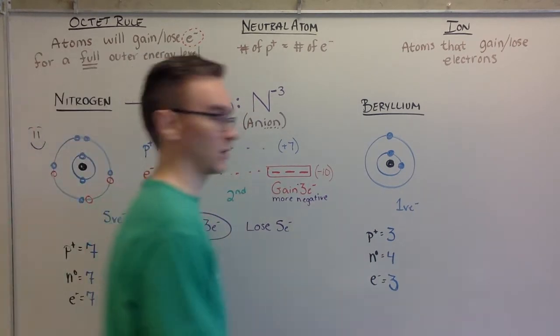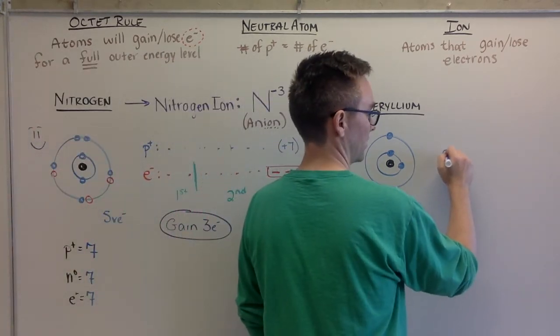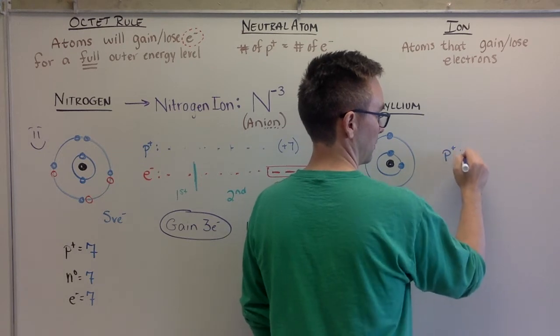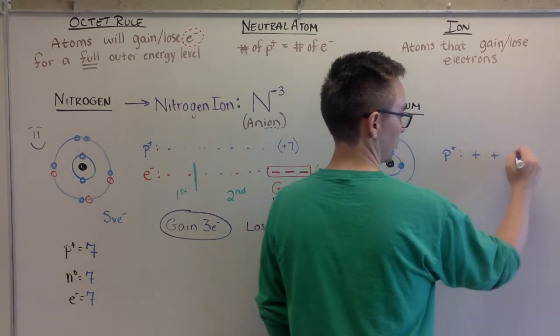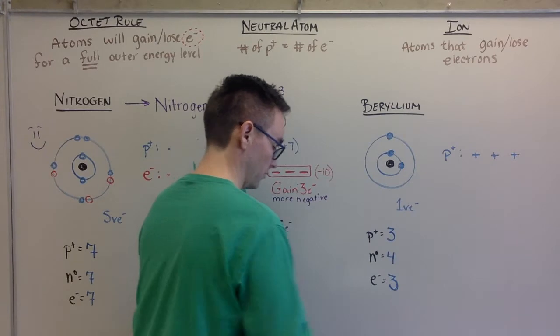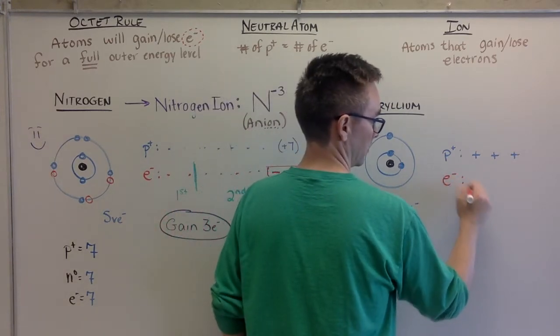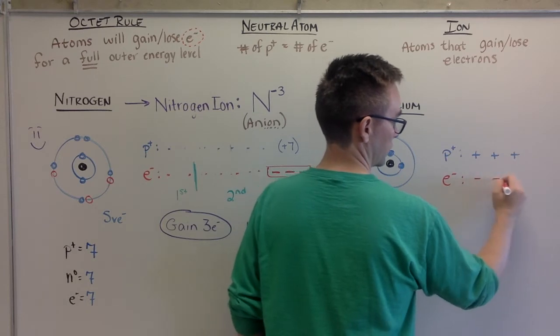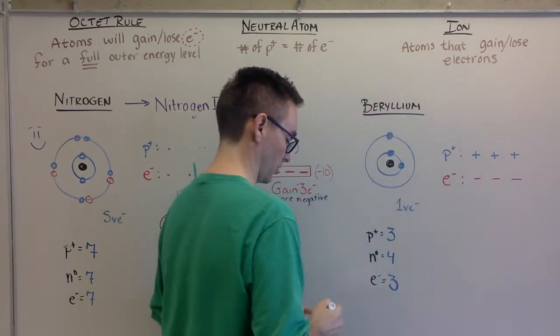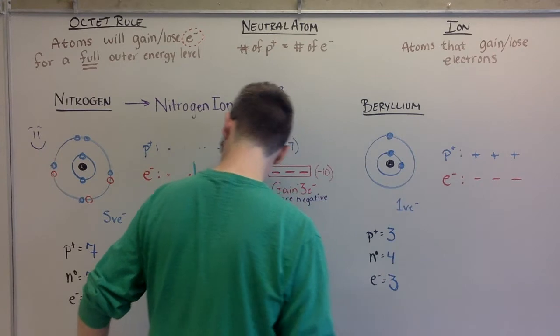All right. So let's start with setting up our protons and neutrons, just thinking about those charges. 1, 2, 3 positive protons. 1, 2, 3 negative electrons.